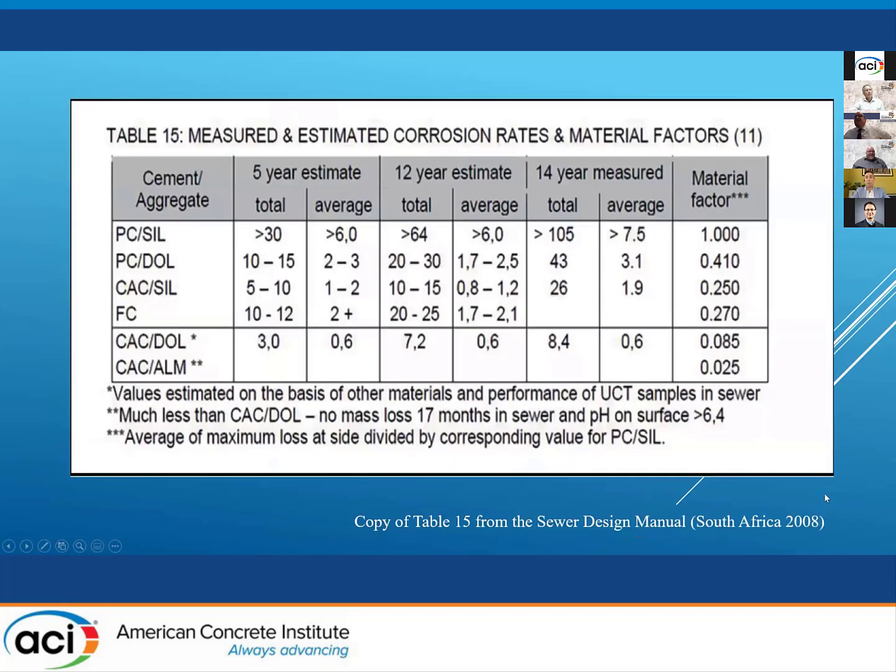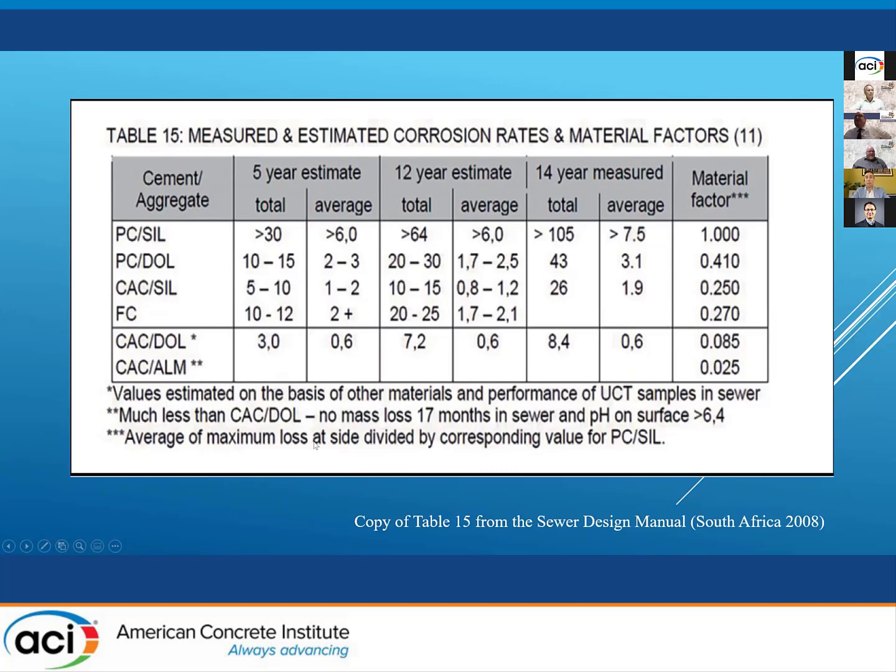This is from many years ago in South Africa. They have a sewer design manual in which they include calcium aluminate and siliceous aggregate. They have estimated rates of corrosion per year, also with a dolomitic aggregate or with a calcium aluminate based aggregate, which gives very, very low numbers.